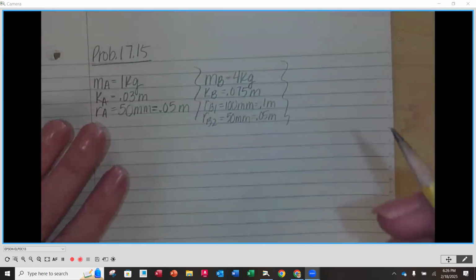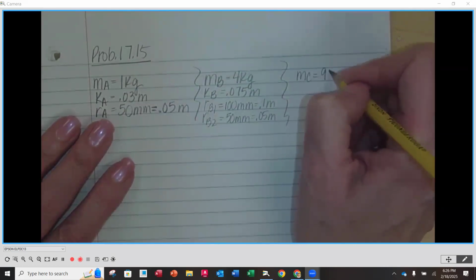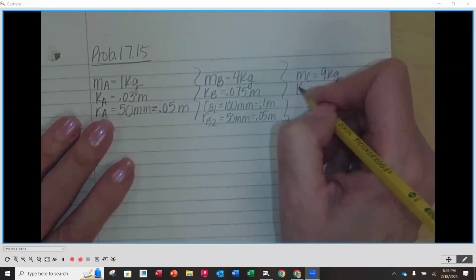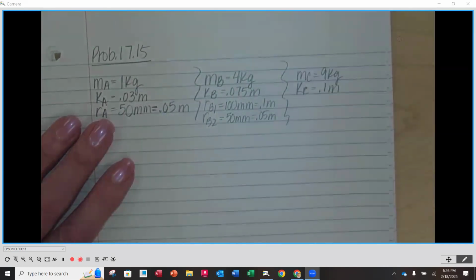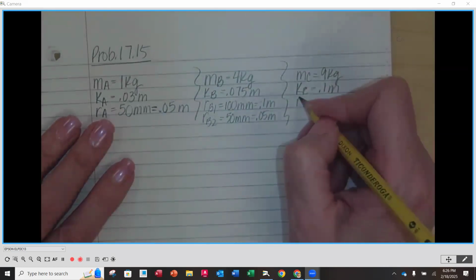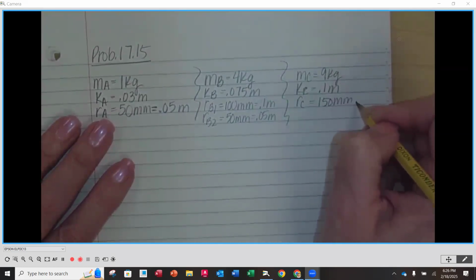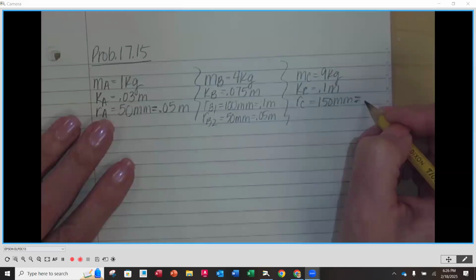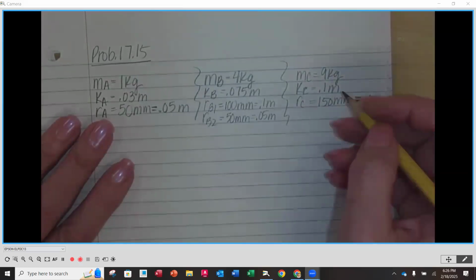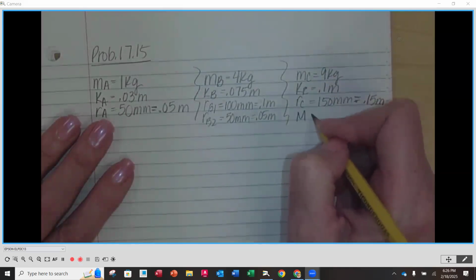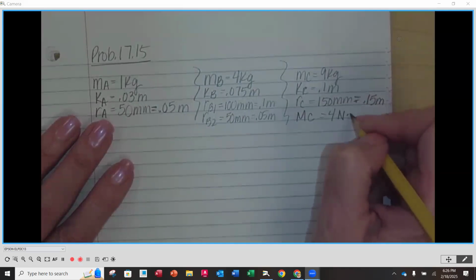Okay. And then we have gear C. So the mass of C is 9 kilograms. Its radius of gyration of C is 0.1 meters, 100 millimeters. Radius at C is 150 millimeters or 0.15 meters. And then the moment at C, capital M sub C, is 4 Newton meters.